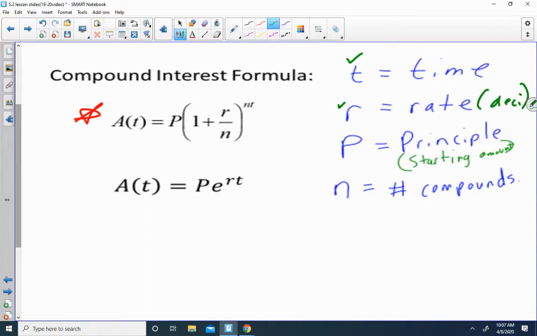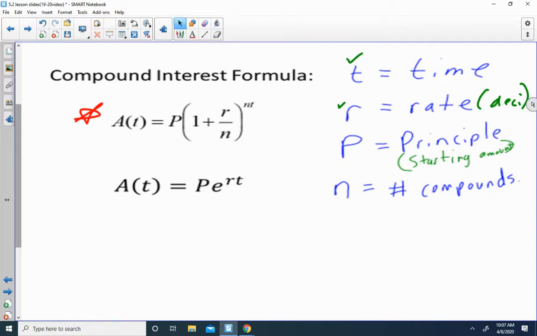Just keep that in mind. And then the P represents the principal. And principal is just another word for starting amount. So in other words, when we did that example where I showed you a $1,000 investment, that's the principal. That's the investment you put in before interest is added.